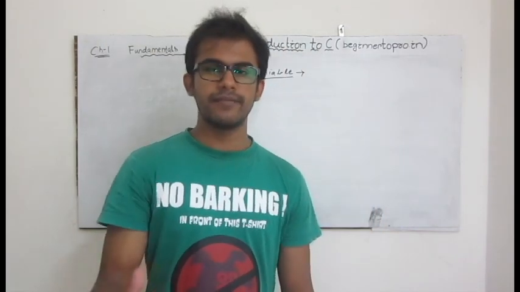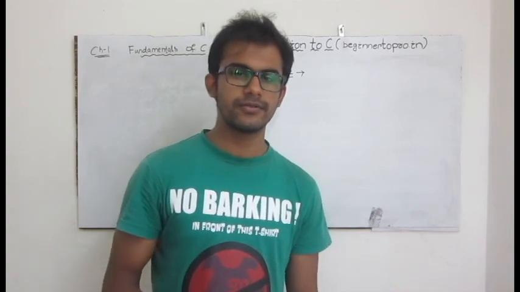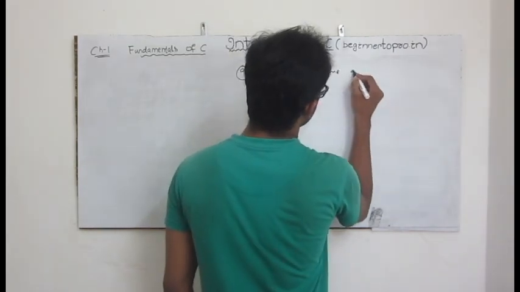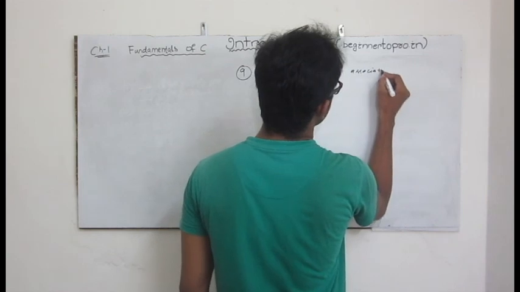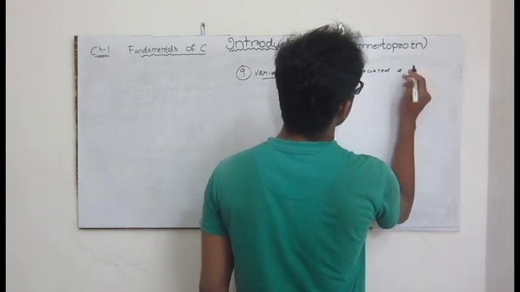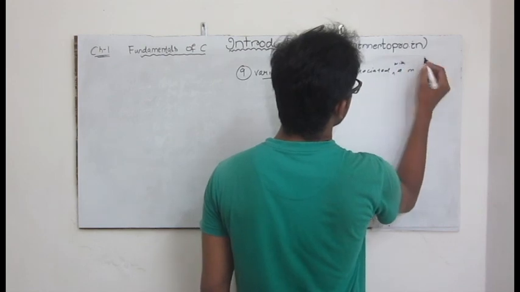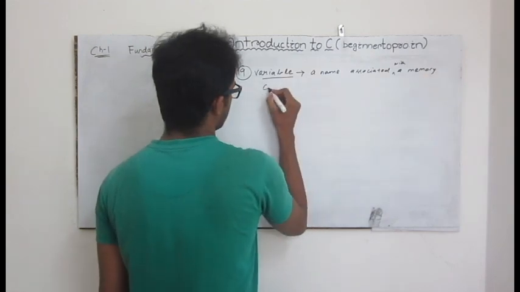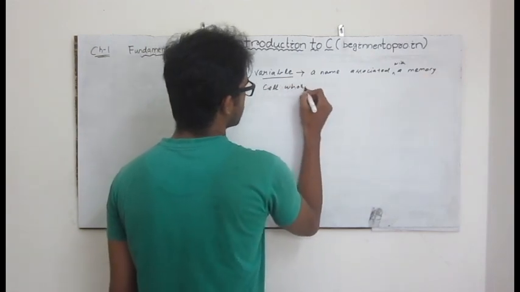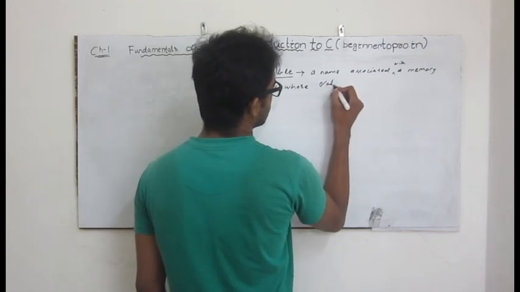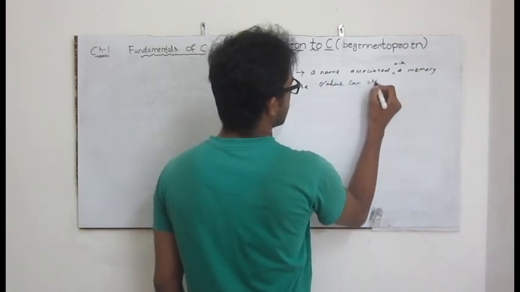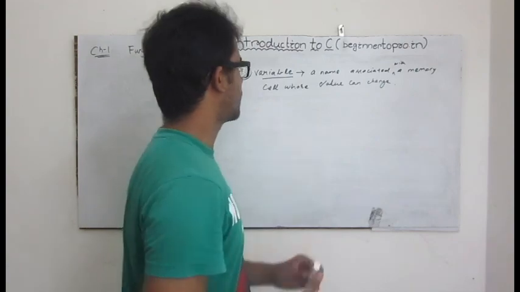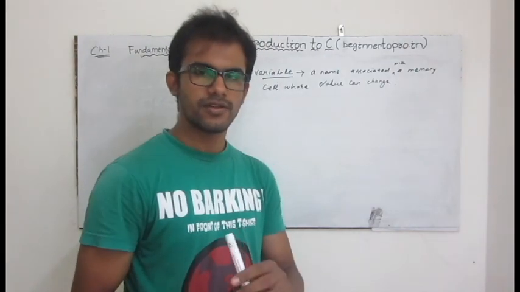A variable is a name associated with a memory cell whose value can change.